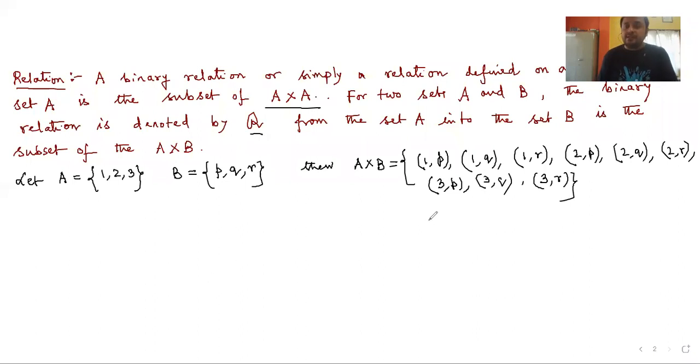Okay, now this is the Cartesian product of the set capital A and capital B. Now we are considering a subset which we denoted by this R. I am using two different R's over here. This R will be used to denote a relation.